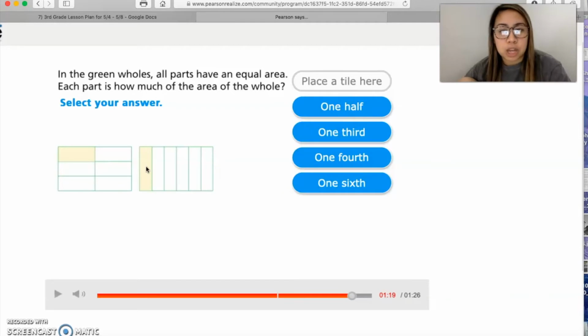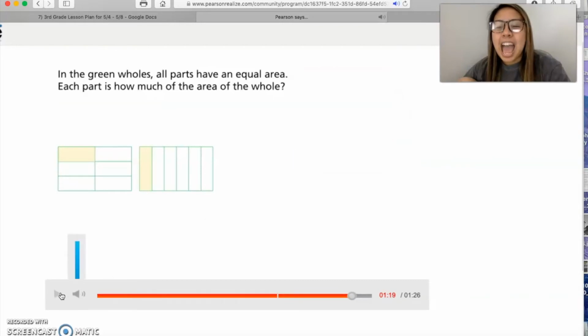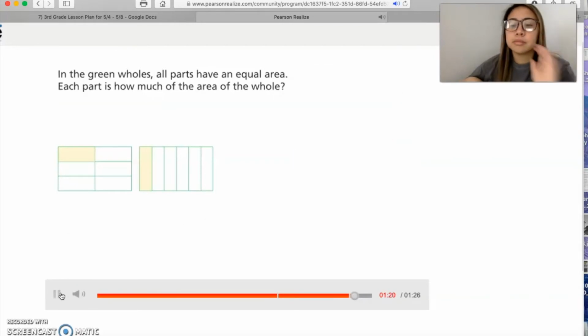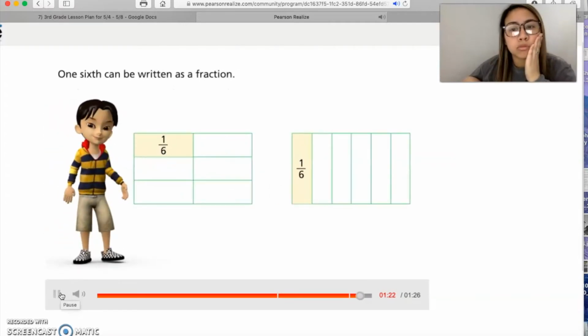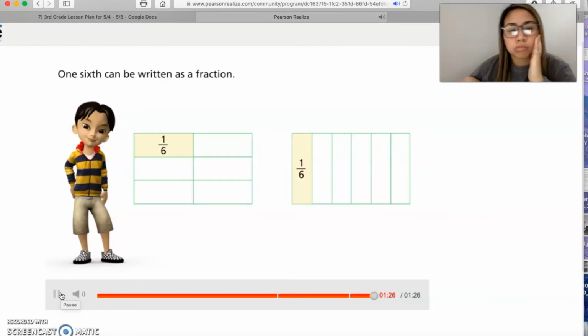And same thing with the shape. You have 1, 2, 3, 4, 5, 6 shapes, but only 1 part is colored, so that is 1/6. Yay! 1/6 can be written as a fraction. Okay, and that's it.